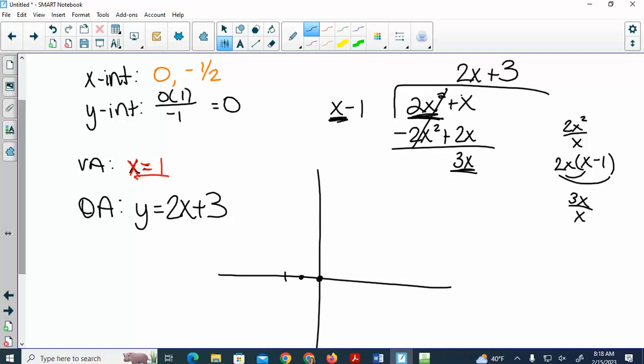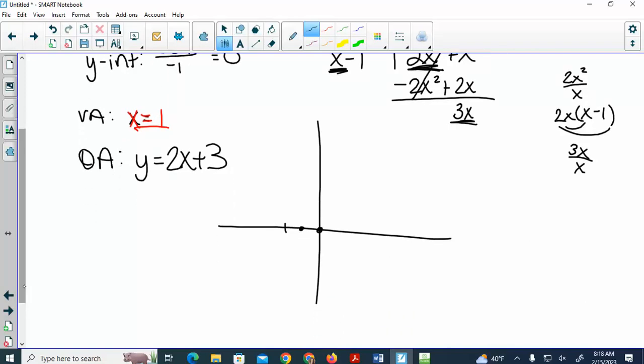Then I'll give you a point for plotting your asymptotes on the graph. So we have a vertical at x equals 1. How do we plot an oblique asymptote? It's just a line. You go to the y-intercept of your oblique, so y-intercept is 3. So we start there, and then slope is 2, so that's up 2 over 1.